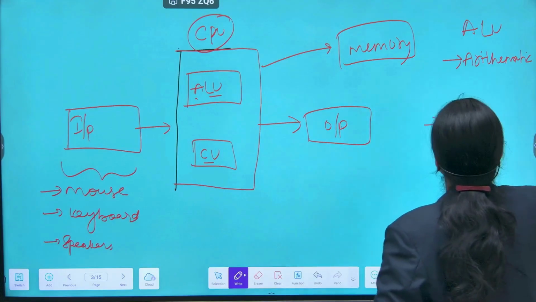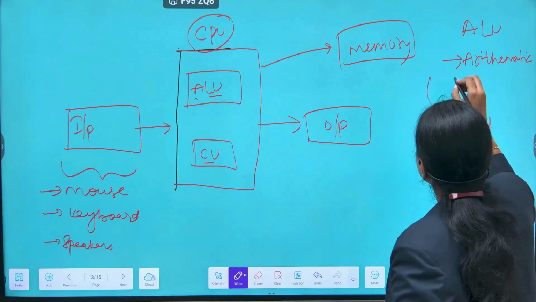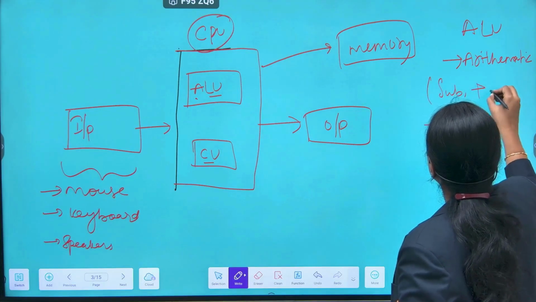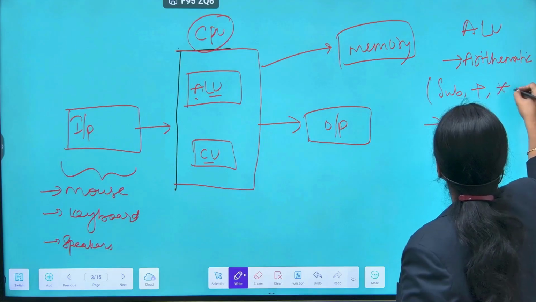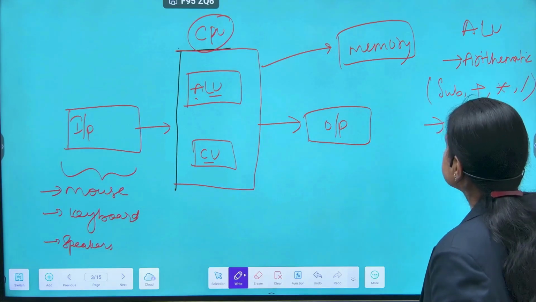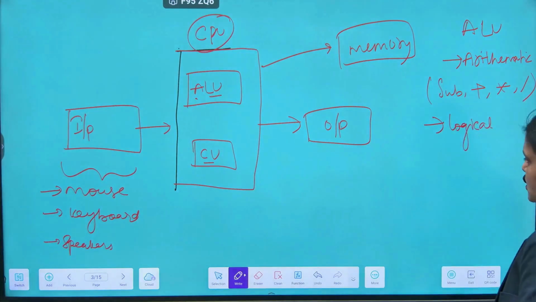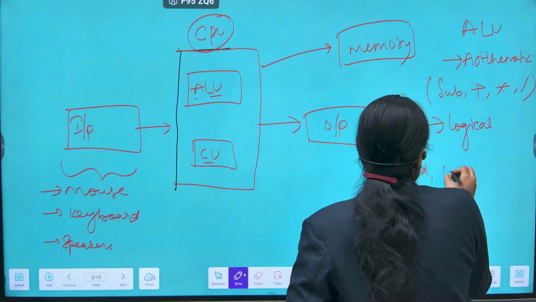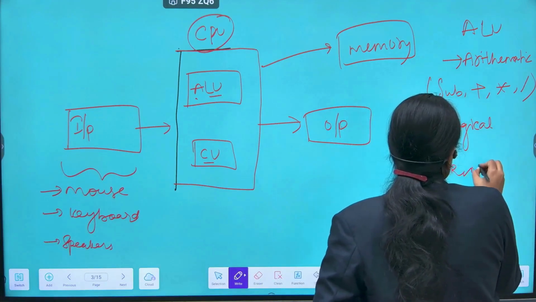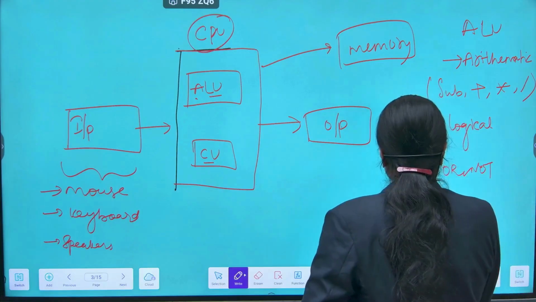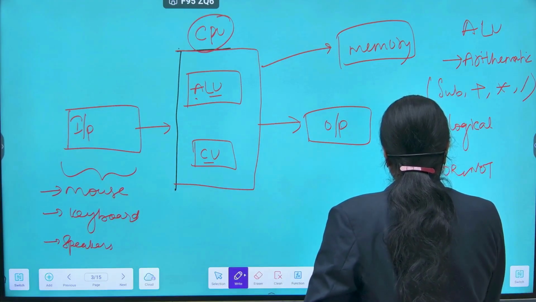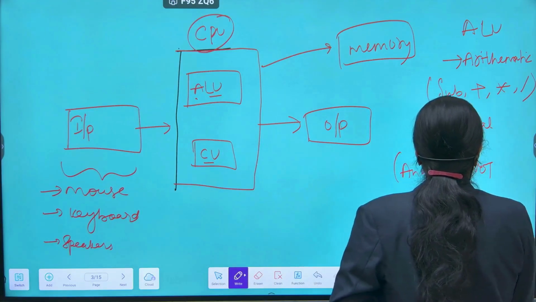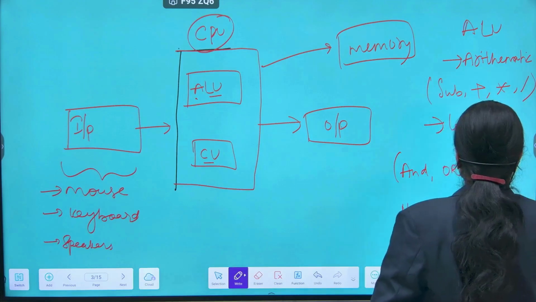When I say arithmetic operations, we think of subtraction, addition, multiplication and division. And logical operations are AND, OR, NOT, NAND, NOR, XOR and so on.